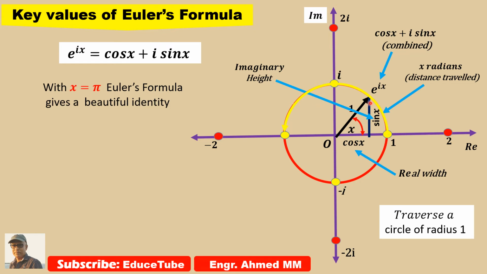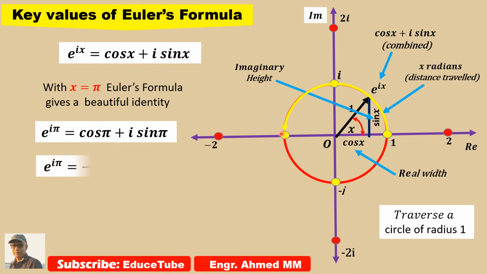And it is the unit circle, radius 1. And this pi, I mean x equal to pi, what does it give us?